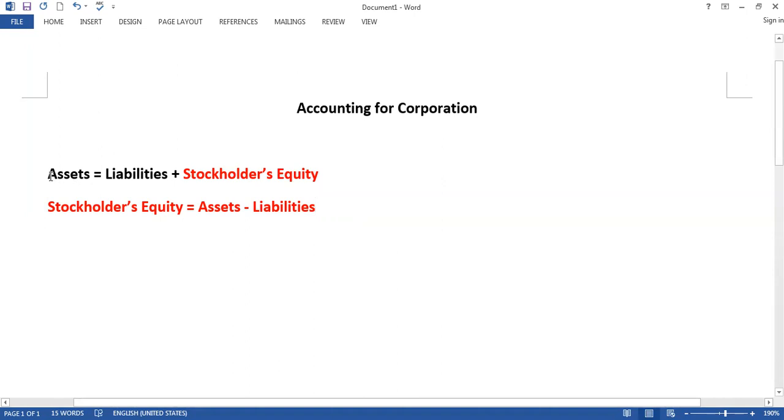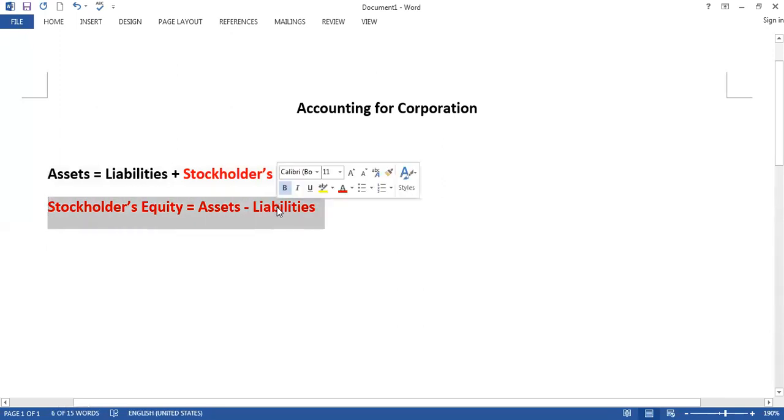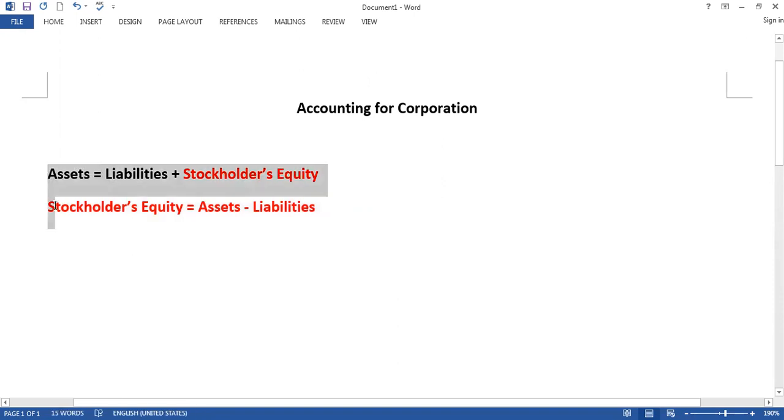So this is the accounting equation for corporation, and this equation is for stockholders' equity.